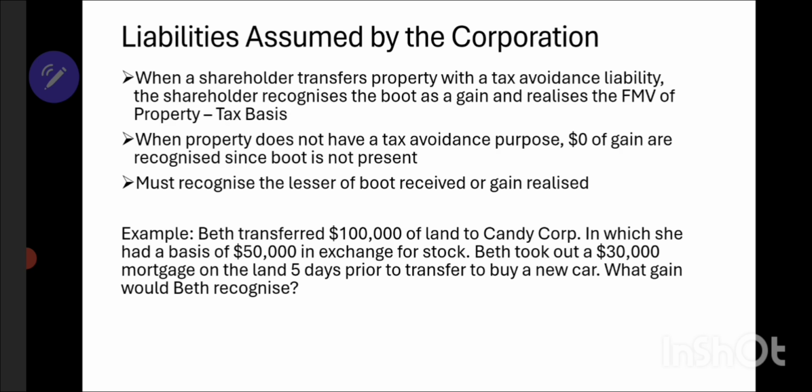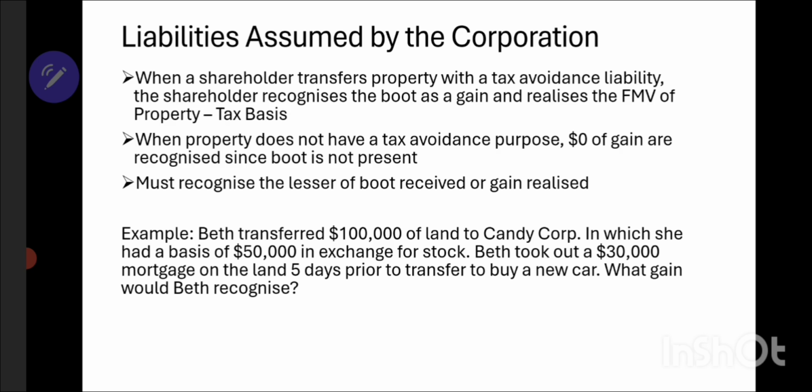We must recognize the lesser of boot received or gain realized. So let's look at this example. Beth transfers $100,000 of land to Candy Corp, in which she had a basis of $50,000, in exchange for stock. Beth took out a $30,000 mortgage on the land 5 days prior to the transfer to buy a new car. What gain would Beth recognize?